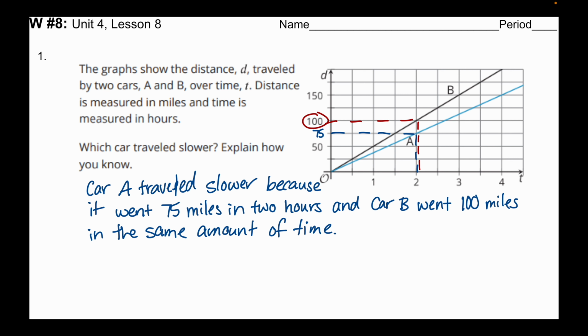Okay. Now you could use a different point on here, or you could use different numbers, but we're just using the same time frame to compare how far they went.